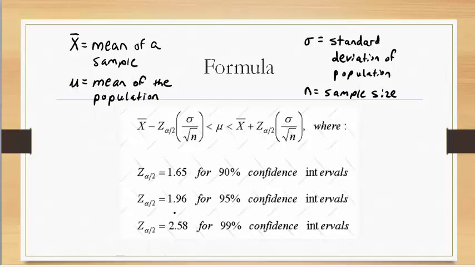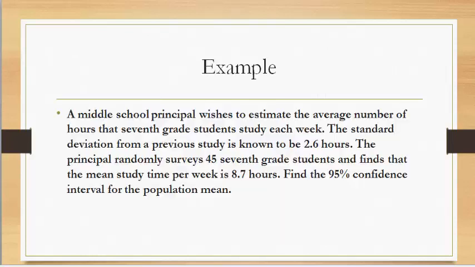So in all of these problems, you will see the problem telling you that you have gathered a sample and calculated the mean. And then you want to use that to predict the mean for the population. And that is essentially what this formula is going to do for us. So let's go ahead and take a look at our first example.